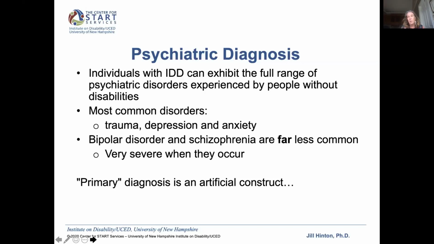The other thing I'll just point out is that there's a tendency in the system, probably for a lot of reasons, maybe funding issues or service issues, that we want to identify a primary diagnosis for some reason. But if you really think about that, it doesn't make a lot of sense. A person is a person, and they come with maybe a level of intellectual disability or autism spectrum disorder.